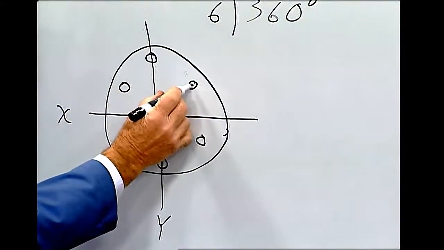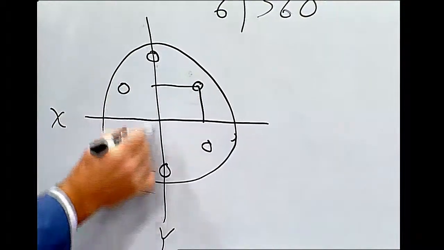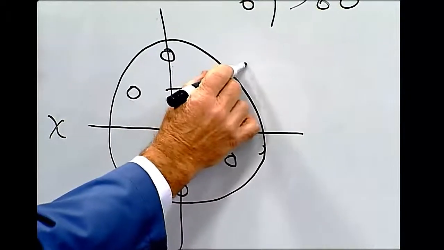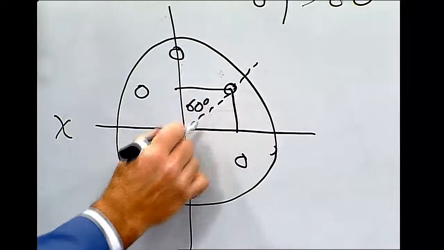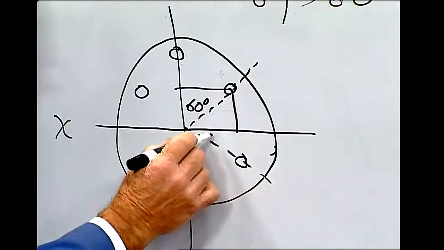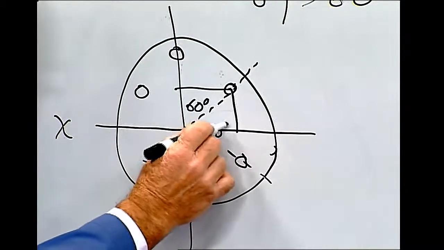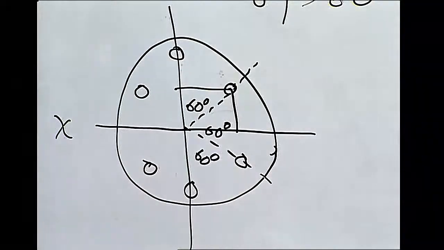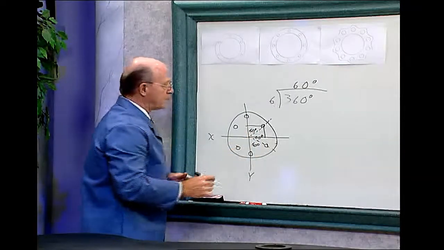We have to locate this dimension in the y-axis and also in the x-axis. Now we know, as we figured out before, this is 60 degrees. This is also between the two holes is 60 degrees. And so is this 60 degrees. That makes 180. So we have to know this location.